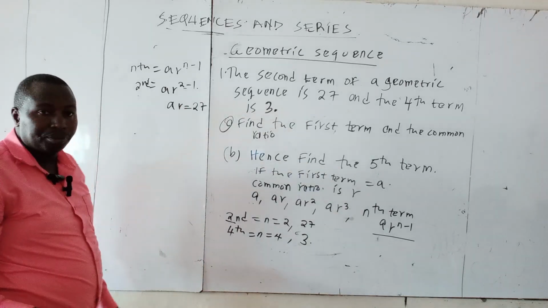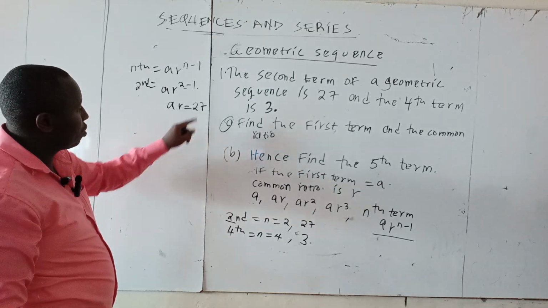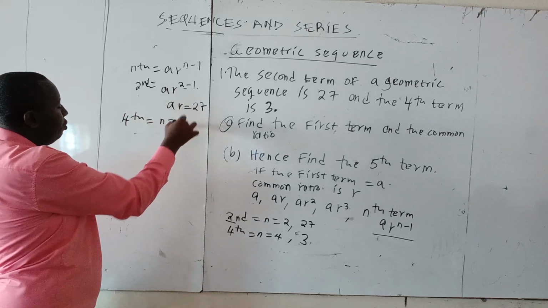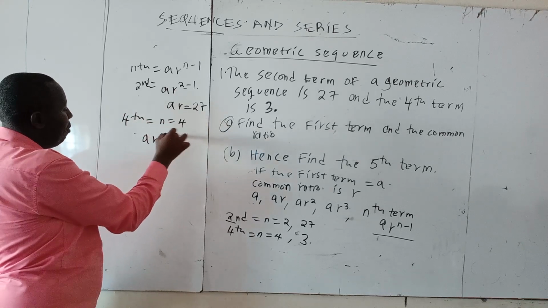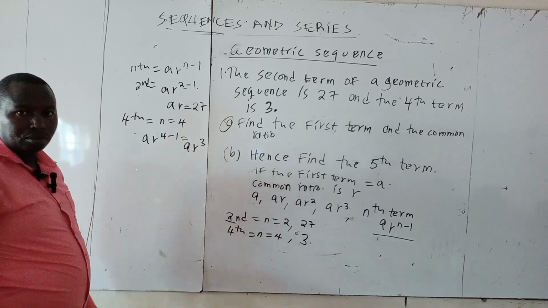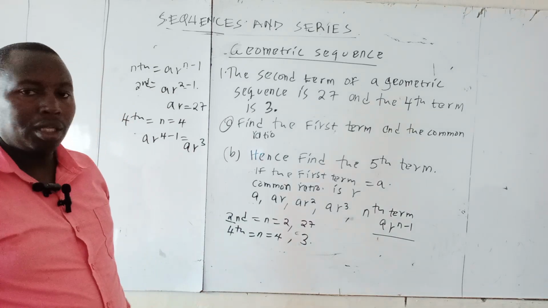That's the second term. Then you come to the fourth term, n is 4, AR to power 4 minus 1, which is AR to power 3.